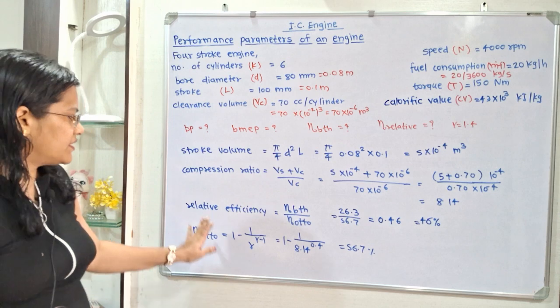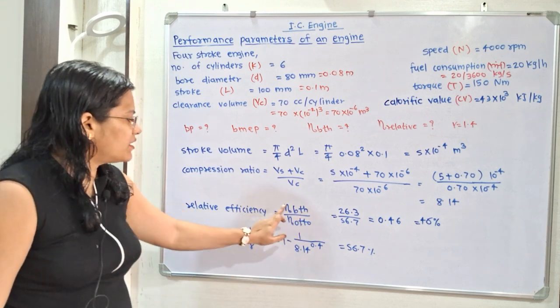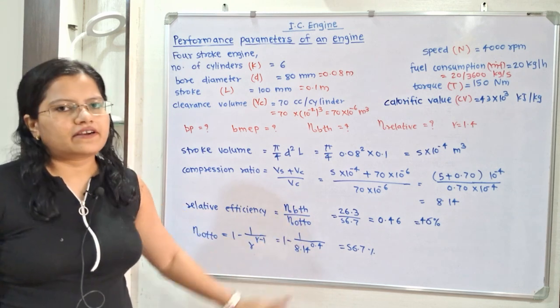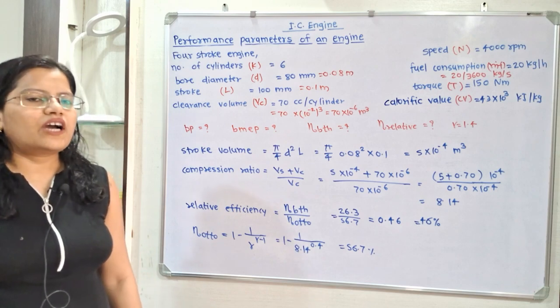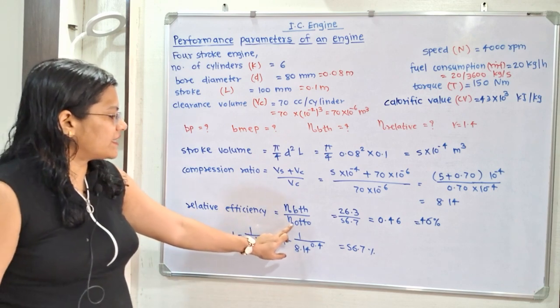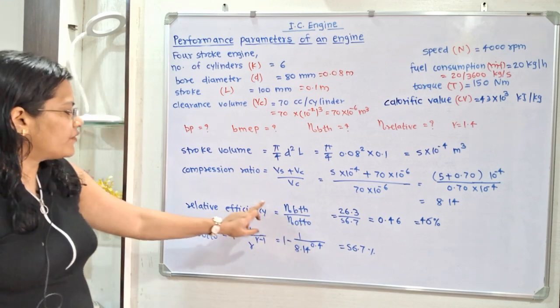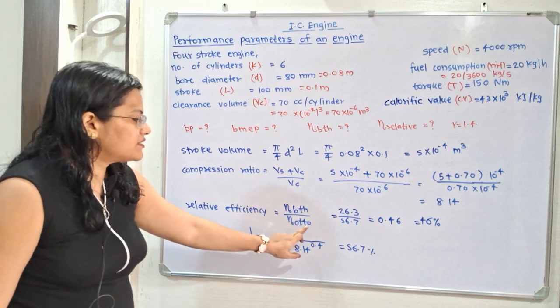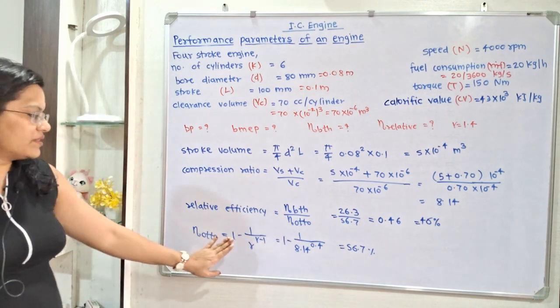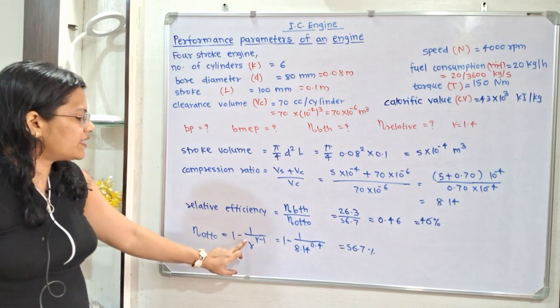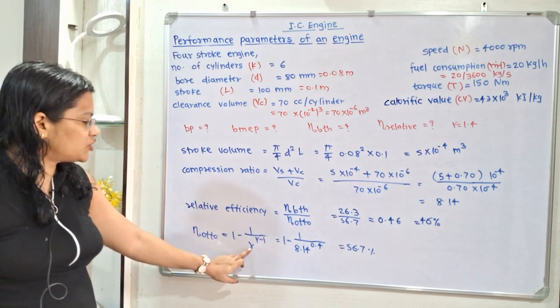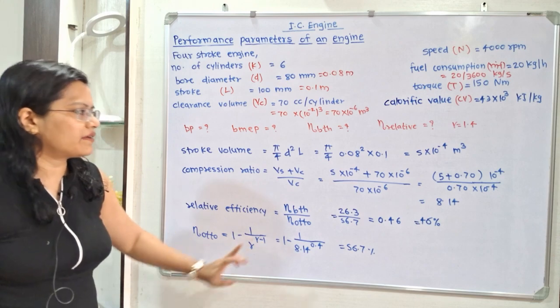Relative efficiency is the ratio of brake thermal efficiency and air standard efficiency. So this is the Otto cycle, so this is the Otto cycle efficiency. We will first find out the Otto cycle efficiency. It is 1 minus 1 divided by compression ratio R raised to gamma minus 1.